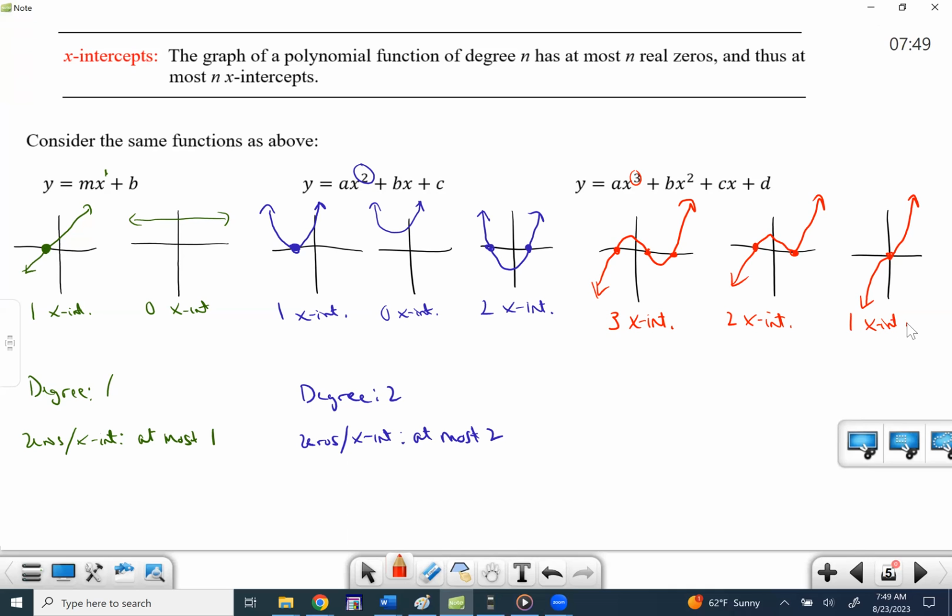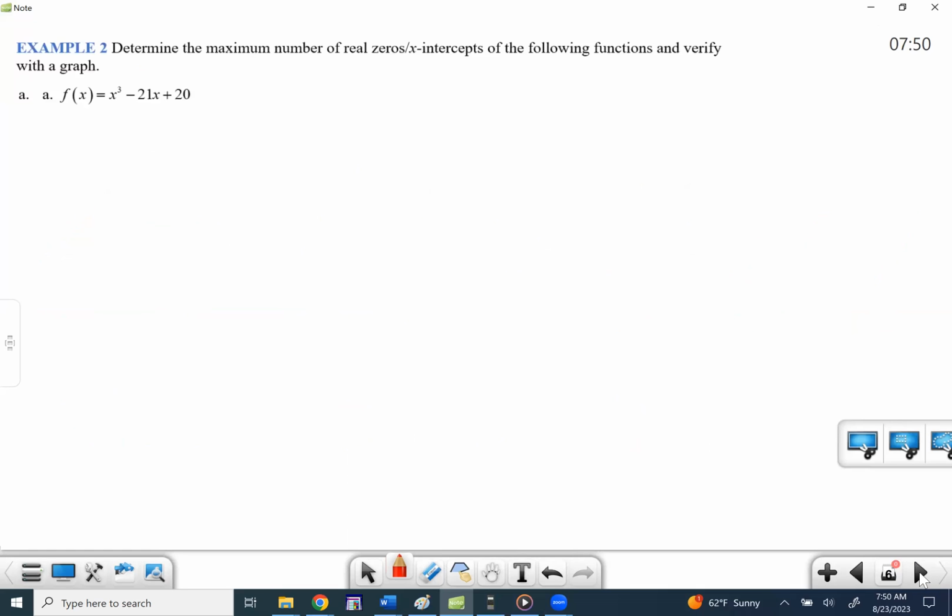So we can see that a degree 3 polynomial, as far as its zeros or x-intercepts, has at most 3. Okay. All right, so hopefully these first 2 theorems, that the turning points are at most 1 less, and the x-intercepts are at most n, the highest degree, can kind of make sense.